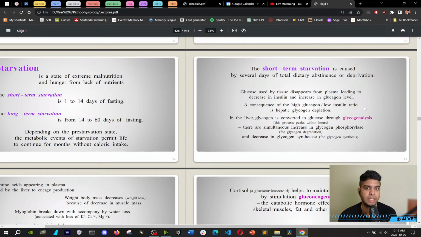Because of low glucose, the glycogen stored in the liver is taken out, leading to hepatic glycogen depletion. In the liver, glycogen is converted to glucose, glycogenolysis.